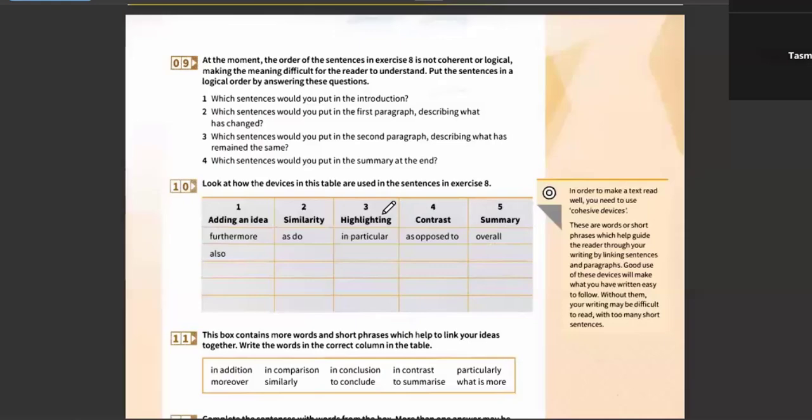What these devices do is that they are actually groups of phrases or short words that are used in order to link each of your sentences with the next one that you're writing. So let's see what are the devices that are used in the sentences in exercise 8.